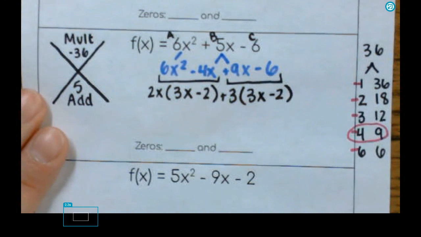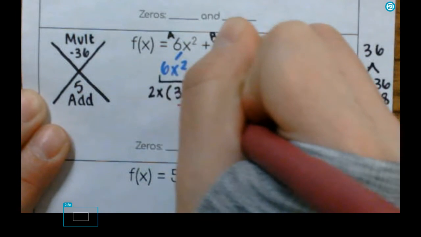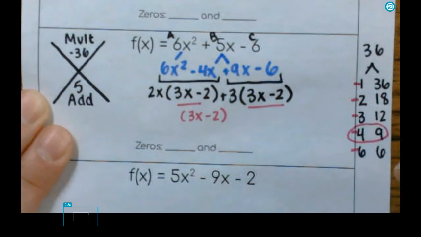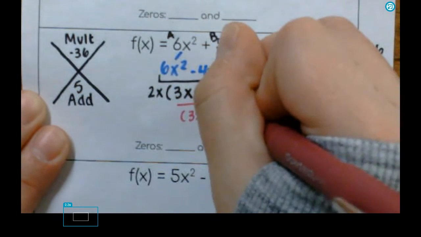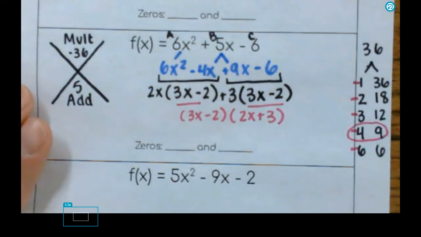And then my factored answers are 3x minus 2 and 2x plus 3. Before we set each of those equal to 0 and then go look at our answer bank, does anyone have any questions?